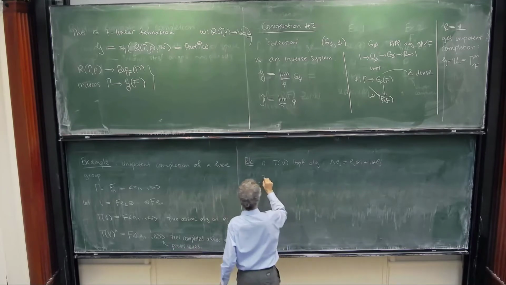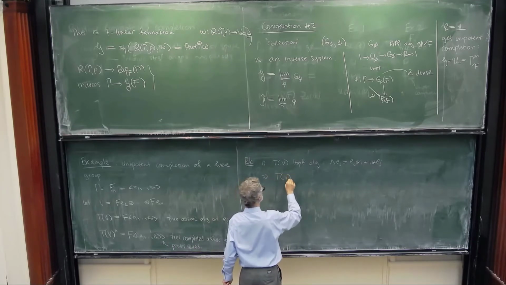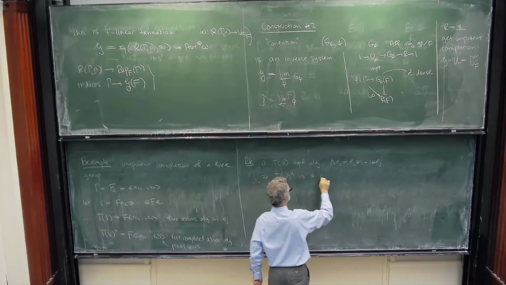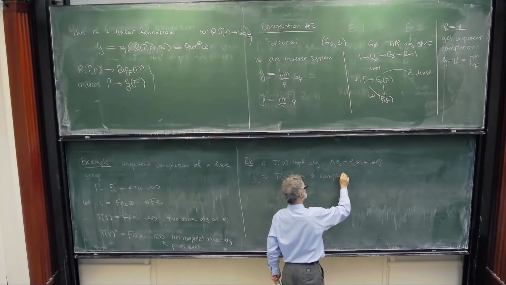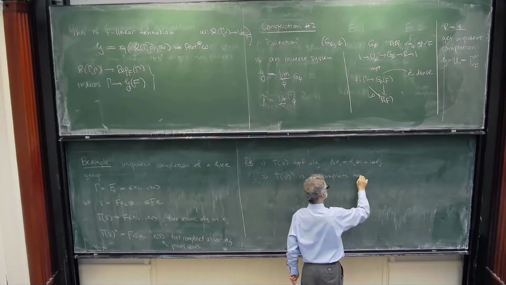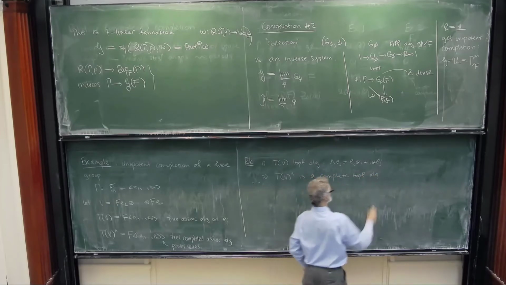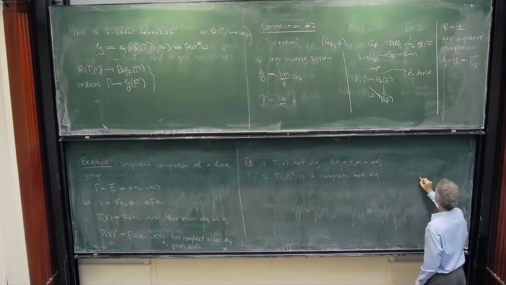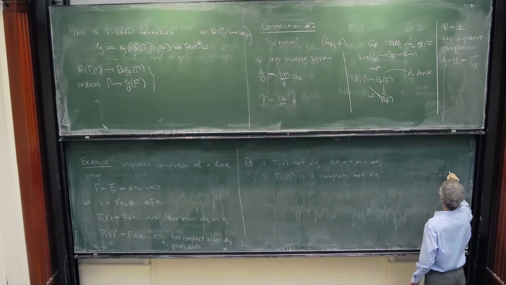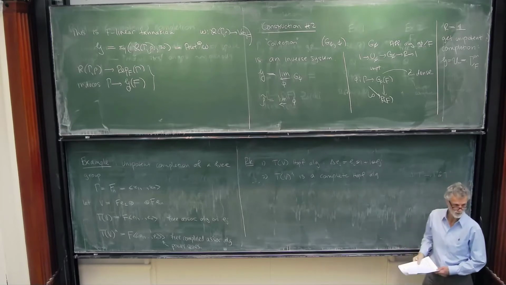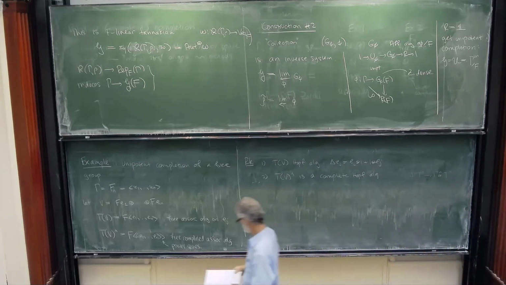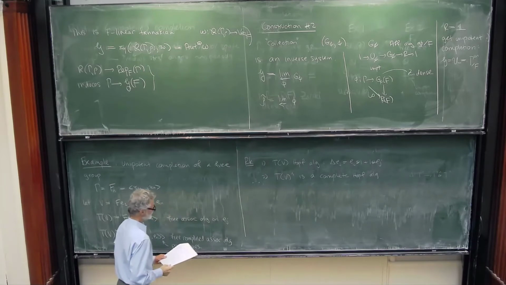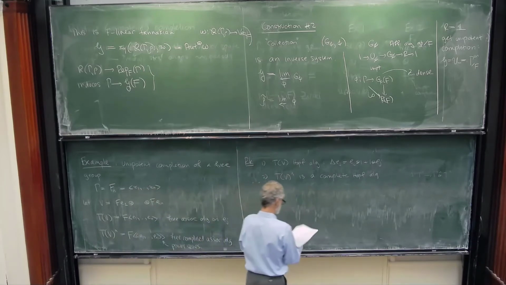And two, T(V) hat is a complete Hopf algebra. So you might think that's a Hopf algebra, but the issue is here the diagonal goes from T hat into T hat completed tensor product with T hat. This is something defined by Quillen a long time ago. All right.